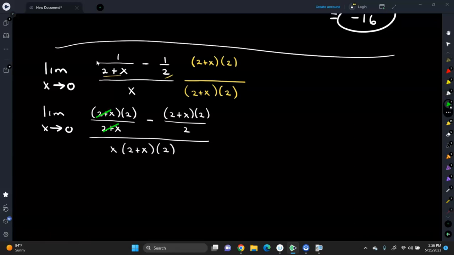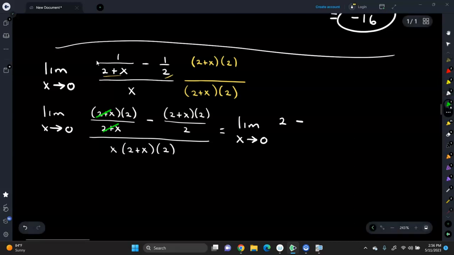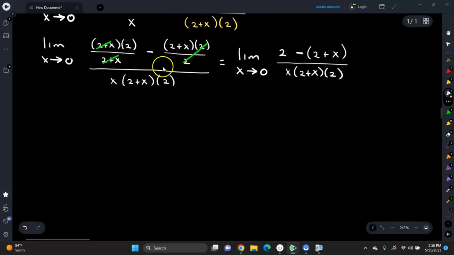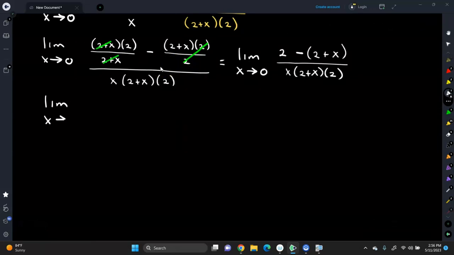The 2 plus x's cancel, right? So we have the limit as x approaches 0, 2 minus, now here the 2's are going to cancel. So be careful because we're subtracting the whole 2 plus x over x times 2 plus x times 2. Notice I did not multiply the denominator. Make that a habit. Don't multiply the denominator out until you determine that you have to, because most of the time things are going to cancel for us.